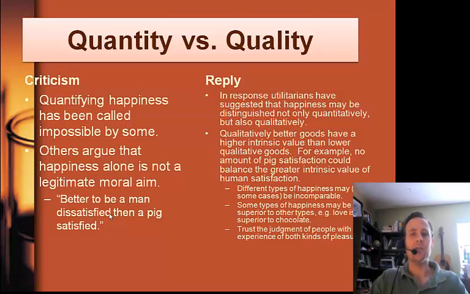And the utilitarian response is that we don't always have to measure happiness in terms of quantity. Sometimes we could distinguish types of happiness qualitatively, and some goods are qualitatively better than others. So, no amount of a pig's style of satisfaction seems to make up for a distinctively human sort of satisfaction. So no amount of donuts seems to equal the sort of satisfaction of being treated fairly, for instance.